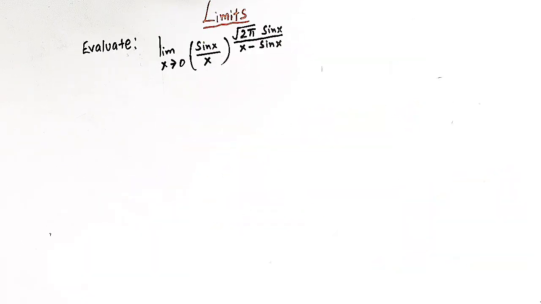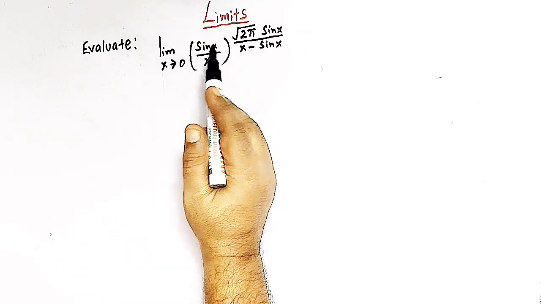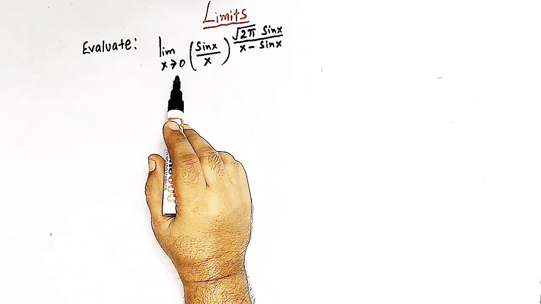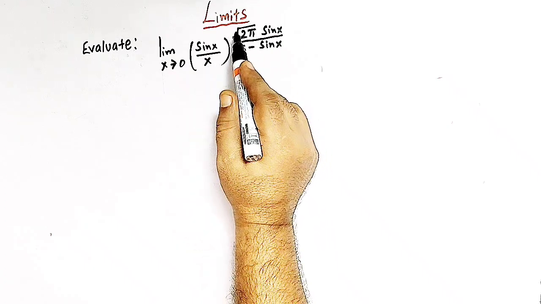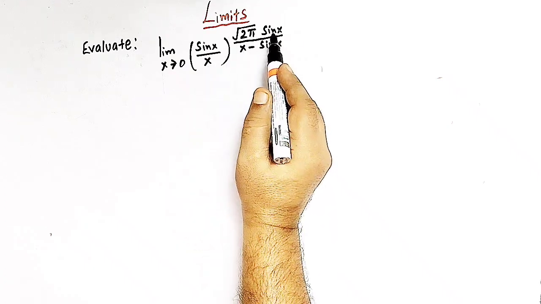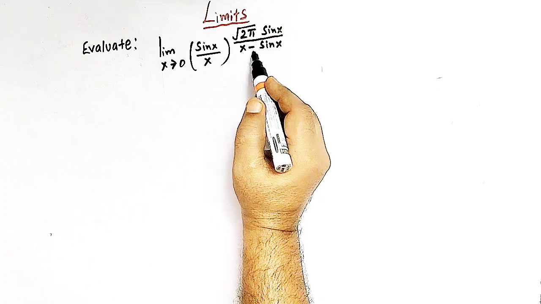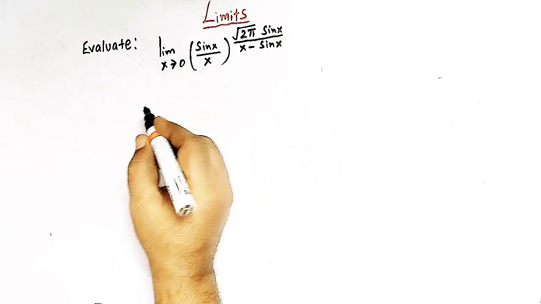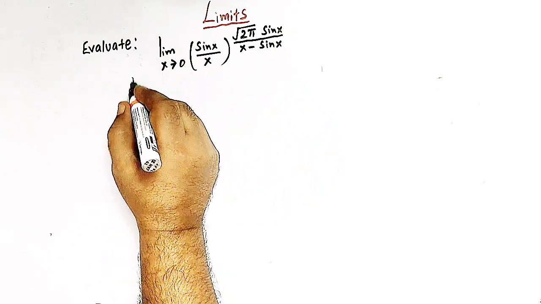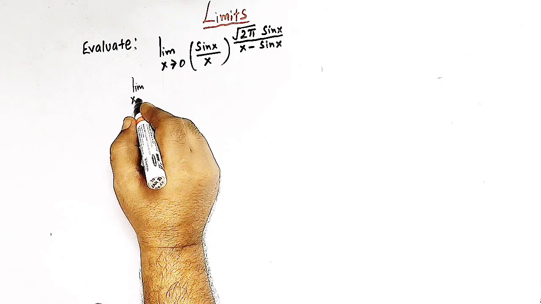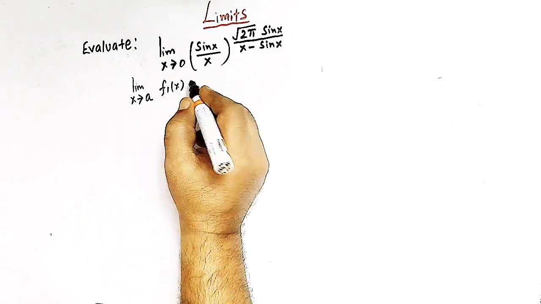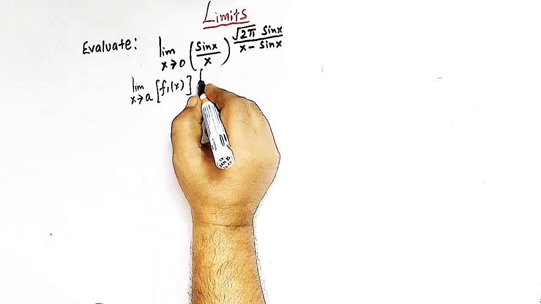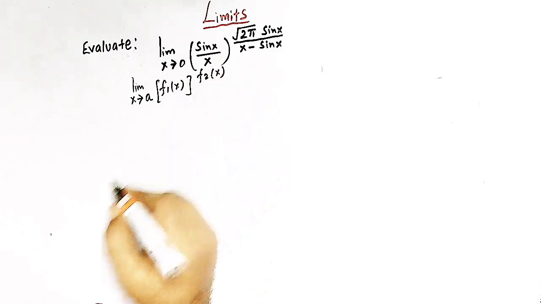So now let us consider one more example, and here we have to evaluate this limit x tends to 0 sine x over x, and here the power is square root of 2 pi sine x divided by x minus sine x. So here again this limit is of this form, that is limit x tends to a f1(x) raised to f2(x), right?